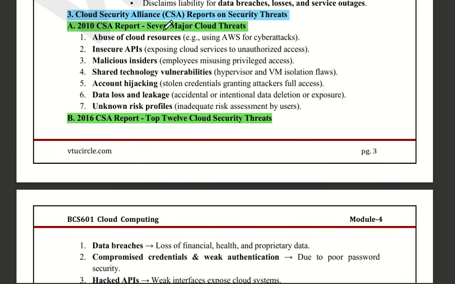Again, there is the Cloud Security Alliance, that is CSA. Here some reports are listed. In the 2010 CSA report, 7 major threats are listed.